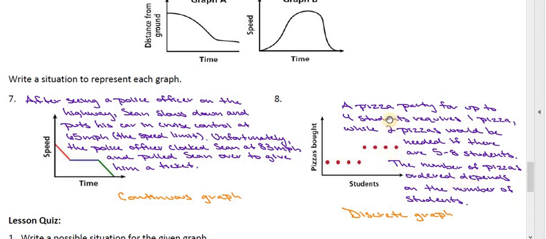And if there would be a 9th student, we would probably need a whole other pizza because it looks like we can have 1 pizza for every 4 students. So once we exceed 4 or any multiple of 4, we need to add in an additional pizza. And this is a discrete graph because the number of students will be whole numbers, in addition to the number of pizzas purchased will also remain whole numbers.